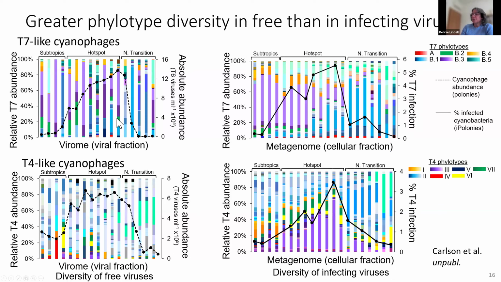Okay, what we also see is that there's greater phylotype diversity in the free virus fraction than in the infected fraction, suggesting that there's a large reservoir of viruses that are not infecting, and opportunistic viruses that are getting into cells and infecting and causing a decline.